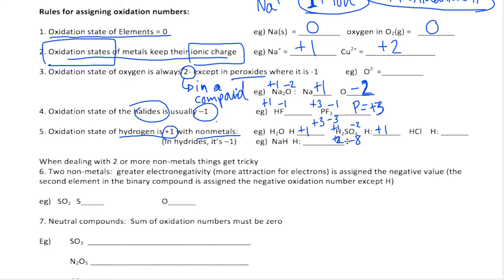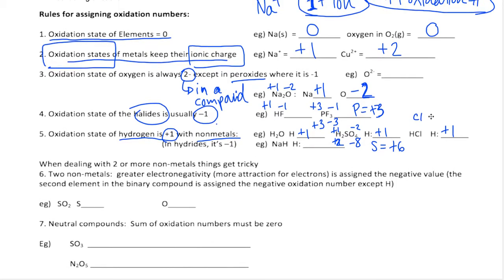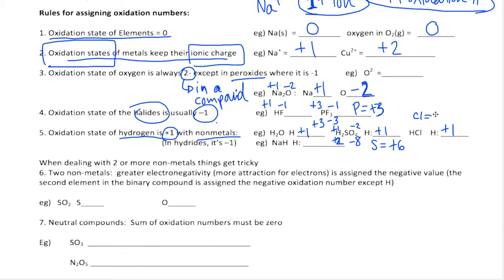So therefore, this sulfur has to be plus 6. You see how that equals out? Negative 2 times 4 is negative 8. Plus 1 times 2 is plus 2. The sulfur has to balance this out, so the sulfur is plus 6. Okay. This hydrogen here is also a plus 1 because the chlorine is a minus 1.